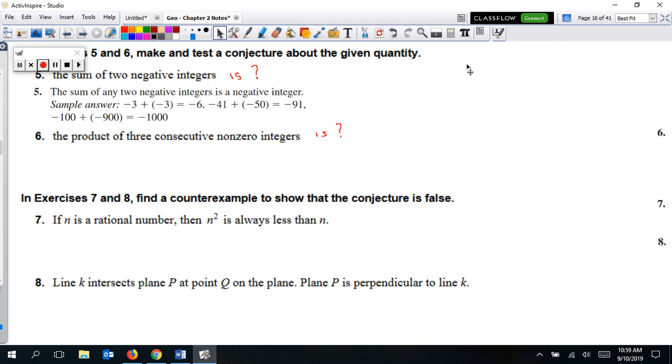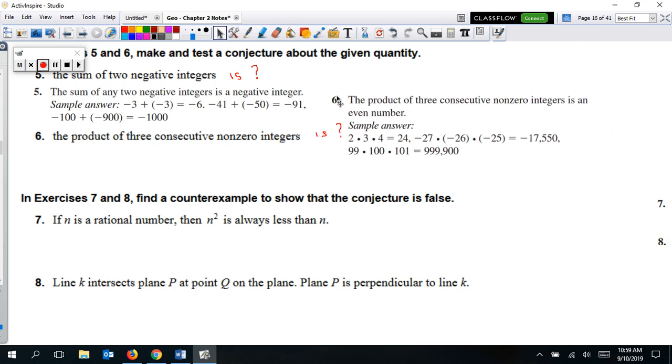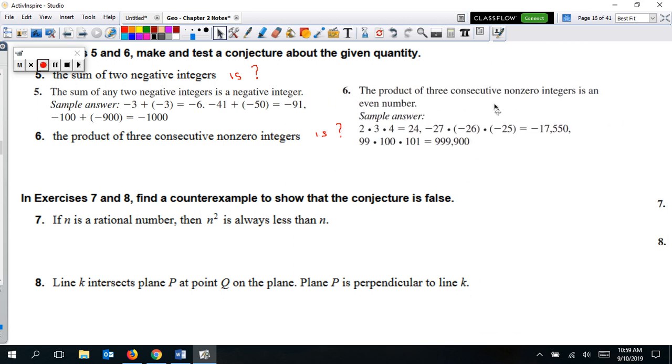So what you might start to see as you do that a few times is that you're always going to get an even integer. The product is an even integer. So is what? Is an even integer. Okay, so that's what it's going to be. The product of three consecutive non-zero integers is an even integer. It might be positive, it might be negative, but the fact remains it's going to be even.